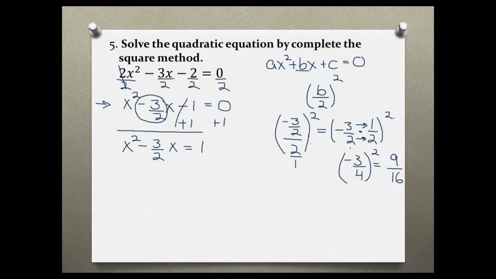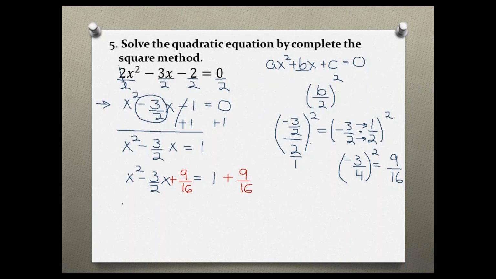And this is the number I add to both sides of my equation to create my perfect square trinomial. 9 over 16 on the left side, and also on the right side 9 over 16.